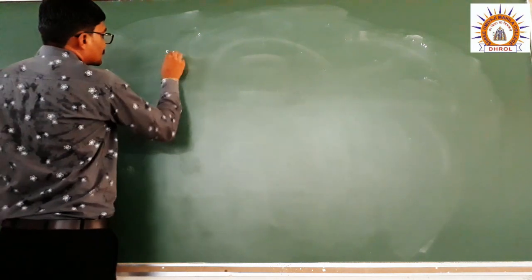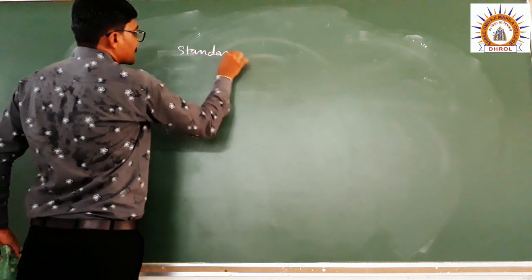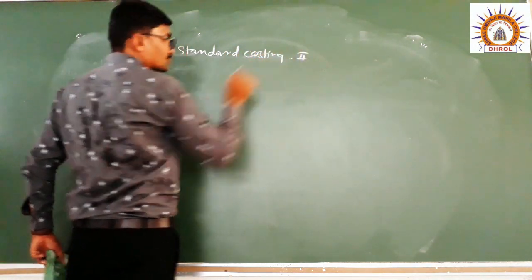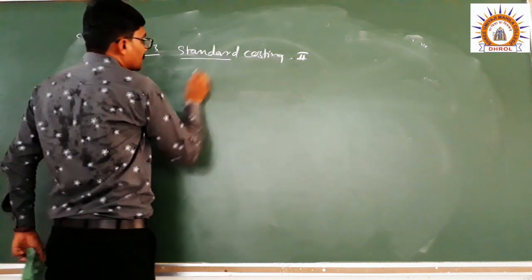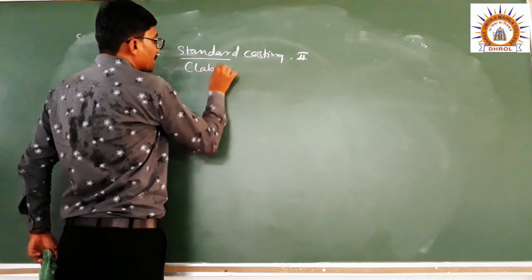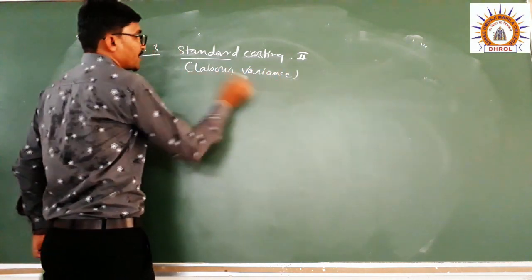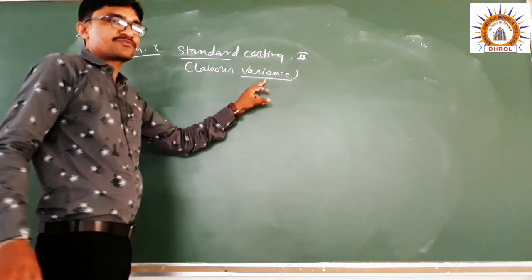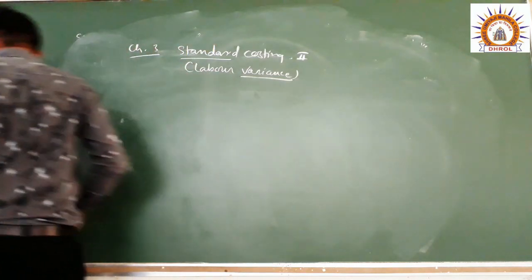This is chapter number 3, which is related to labor variance. In this chapter we want to explain the variance. The word variance is the same in both chapters.